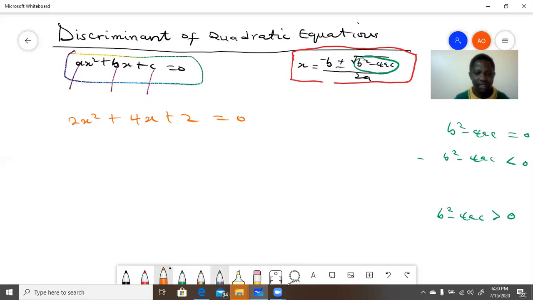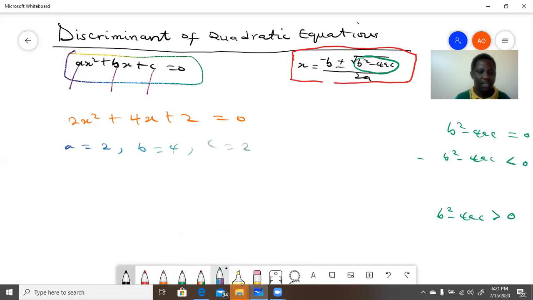So let's look at the discriminant of this and know how many roots it's going to have. If you compare this, our a is going to be 2, b is going to be 4, and c is going to be 2.